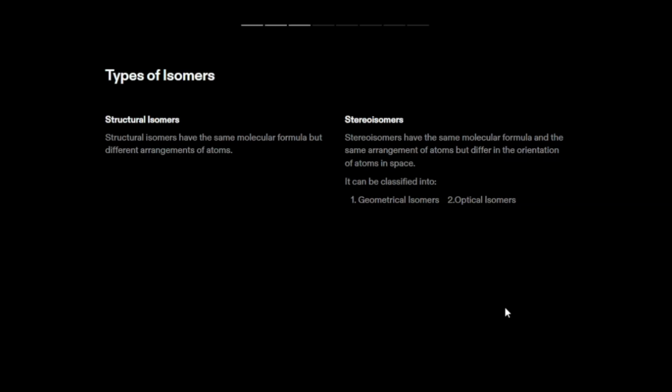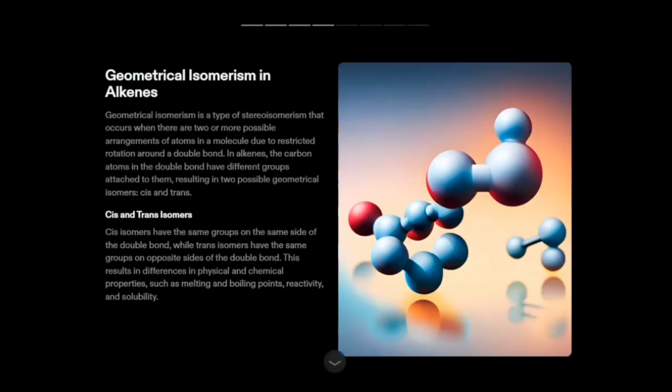Stereoisomers have the same molecular formula and the same arrangements of atoms, but the orientation of atoms in space is different. Stereoisomers can be further classified into geometrical isomerism and optical isomerism. So this is all about the introduction, and now we are going to go specifically into geometrical isomerism.